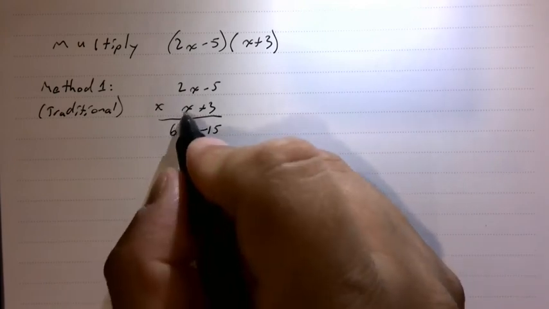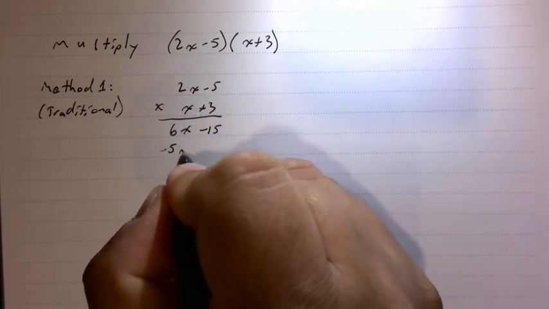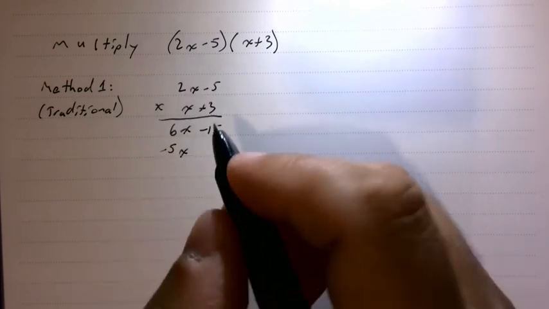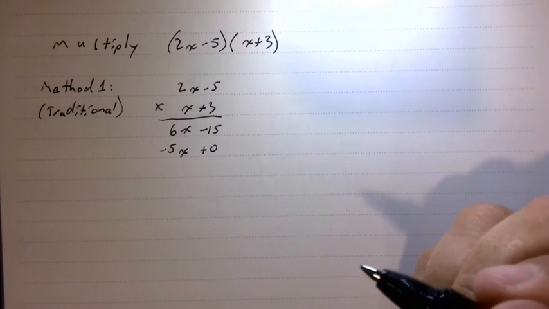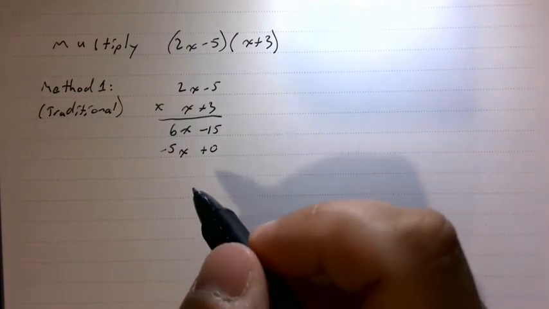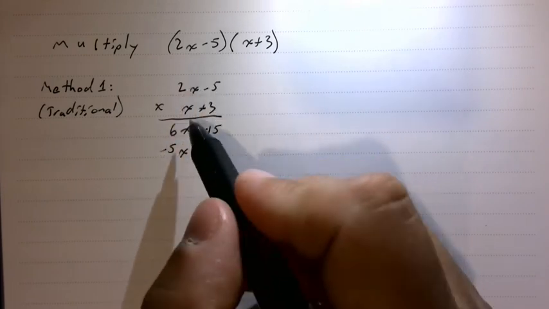But you'll see x times negative 5 is negative 5x. So if I put that in the linear term column, x to the first power, we're good. There is no constant. So sure, you could put a placeholder of plus 0. That would be helpful, but not entirely necessary as long as you're organizing the columns by like terms.